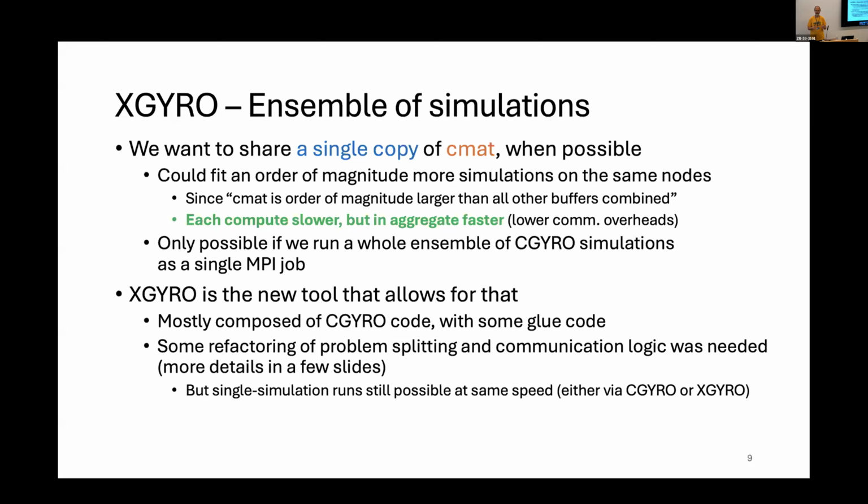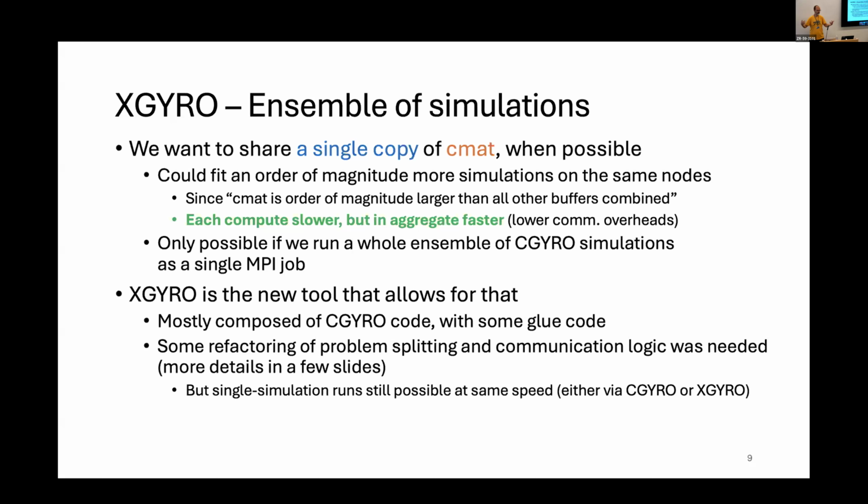And we said, well, what if instead of running each simulation independently, we ran it as an ensemble? Can we do this? Yes, we potentially can, but this also means the whole ensemble has to run as a single MPI job because they have to share something between all of them, which was not something that we could do previously with CGYRO.